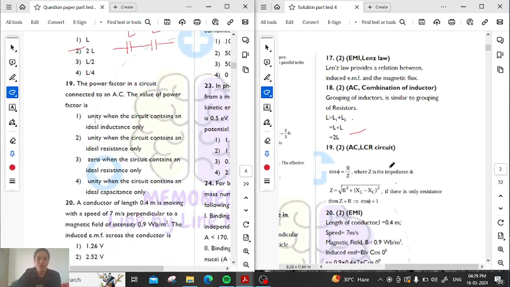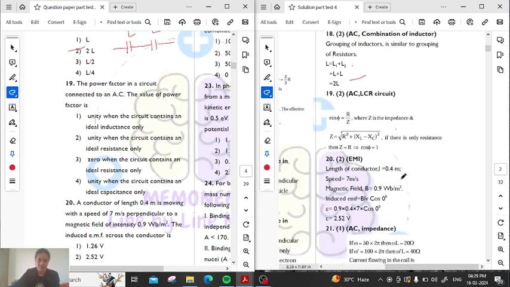Okay, let's move to question number 19, which says the power factor in a circuit connected to the AC. What is the value of power factor? This question is from AC and the LCR circuits, because here it's a power factor. We know the power factor formula is cos theta equals R by Z. This Z is the impedance, right?